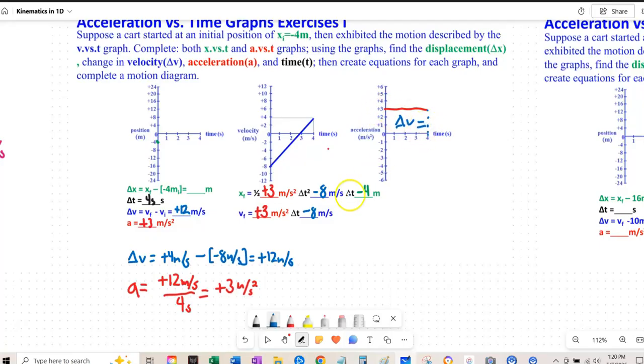So this is going to be a positive 3 meters per second squared, or a positive 3 meters per second for every second, change in velocity for every second, times 4 seconds.